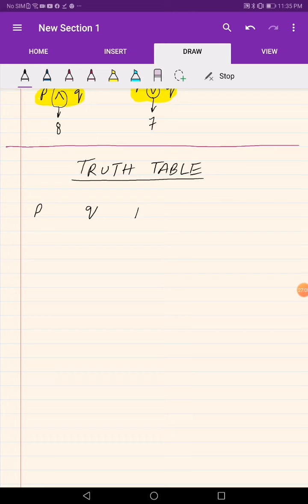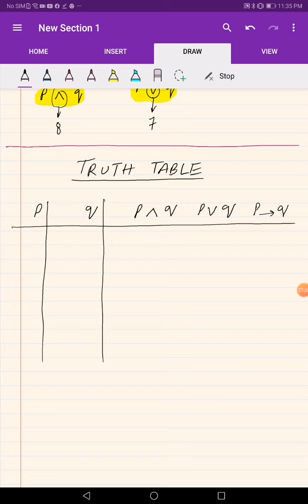Please always write that, P and Q, and then the disjunction statement, P union Q, and the other one is P then Q. So this is very, very important. Keep it in your mind, a statement can be true or false, but it cannot be true and false at the same time. So we have 4 cases.